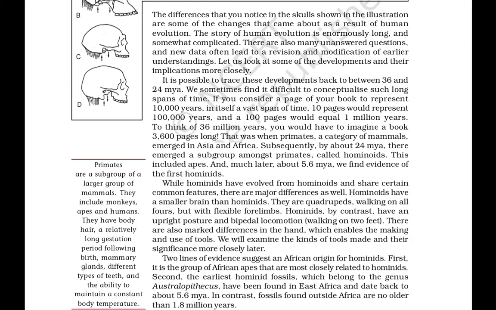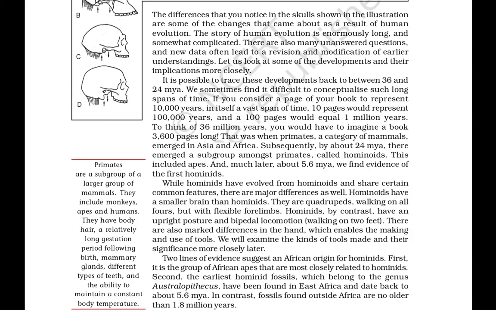It is possible to trace these developments back to between 36 and 24 million years ago. We sometimes find it difficult to conceptualize such long spans of time. If you consider a page of your book to represent 10,000 years, in itself a vast span of time, 10 pages would represent 100,000 years and a hundred pages would equal 1 million years.